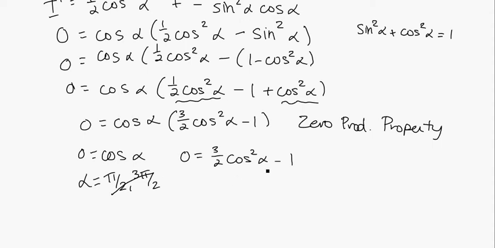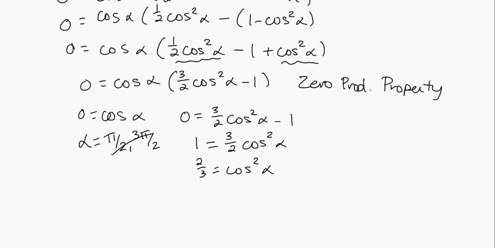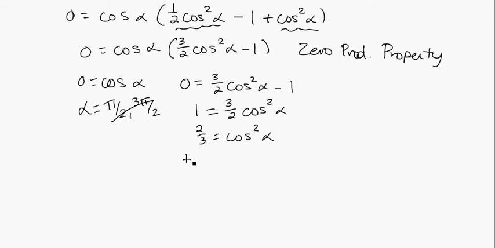Over here, we're looking for, if I solve for cosine squared, we get 1 equals 3/2 cosine squared of alpha. Multiply both sides by 2/3. And then I'm going to need to take the square root. So plus or minus the square root of 2/3 equals cosine of alpha. So to solve for this equation, we could take the inverse.